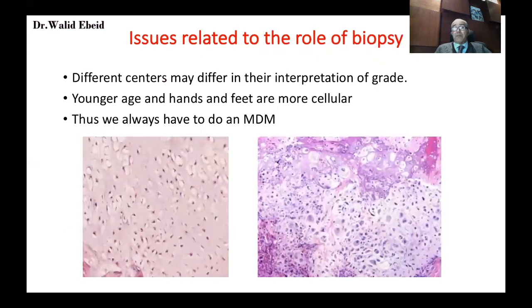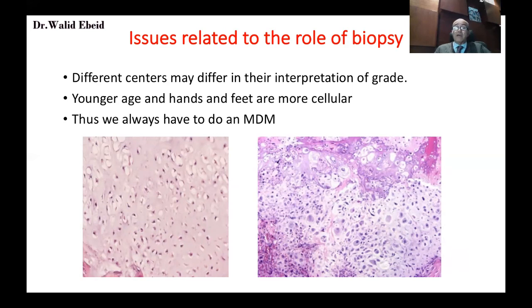And moreover, different centers may differ in their interpretation of grade. And we have to know that younger age and locations in the hands or feet are more cellular. So whenever you're sending a pathology specimen to the pathologist, you have to mention the age of the patient and where it is coming from.